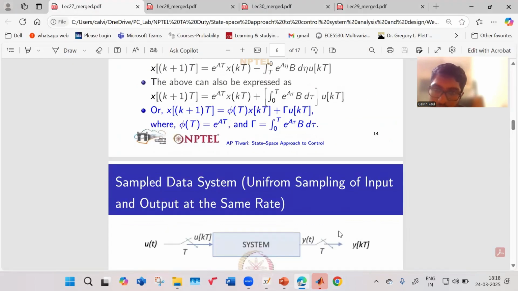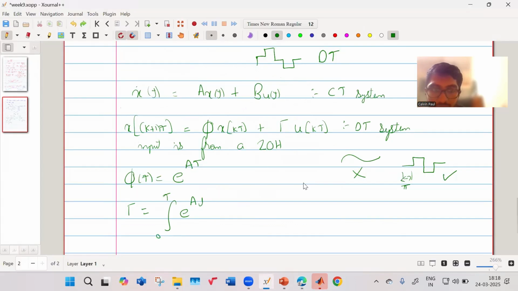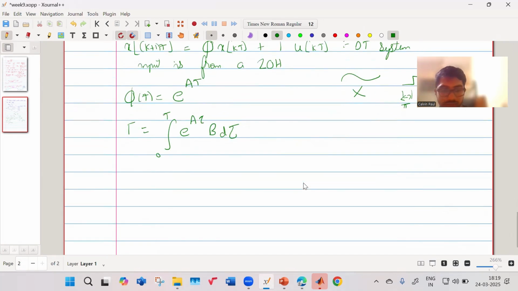Okay, so this is the expression for gamma which has to be evaluated, and then we can get the output.